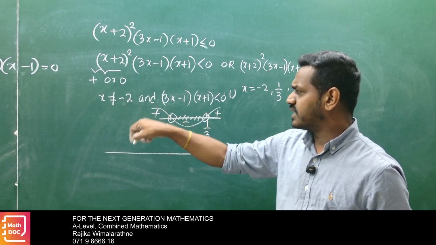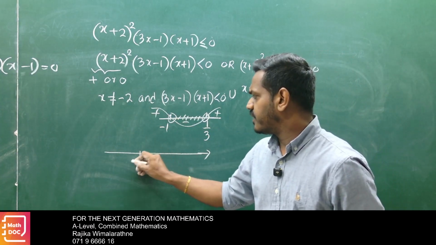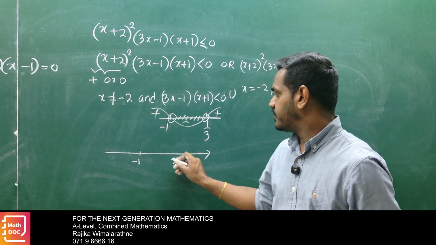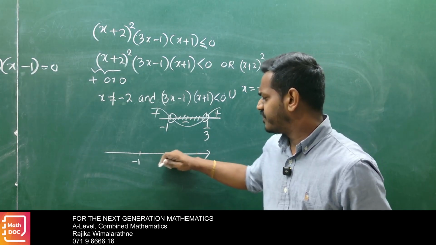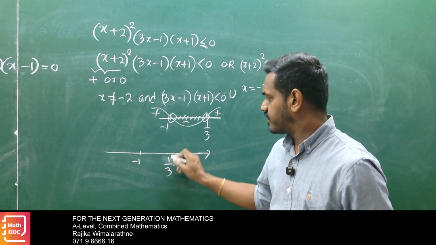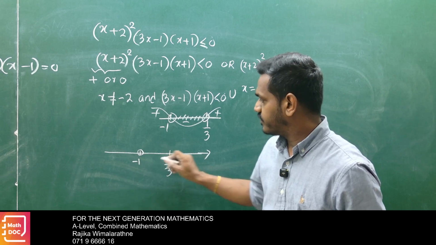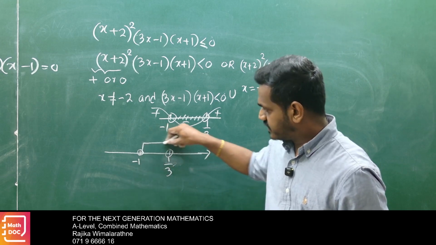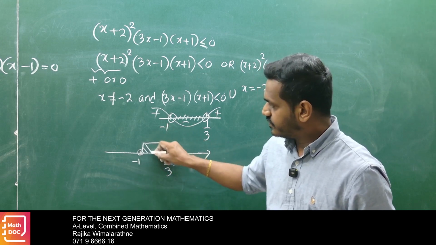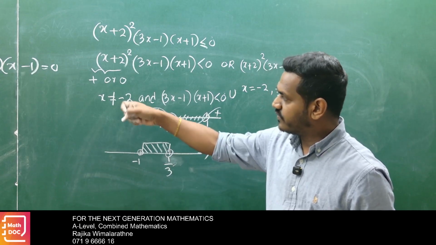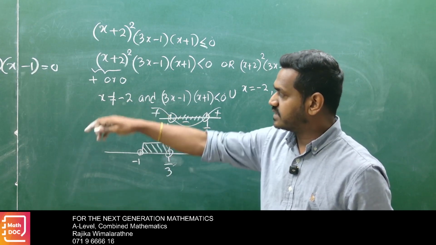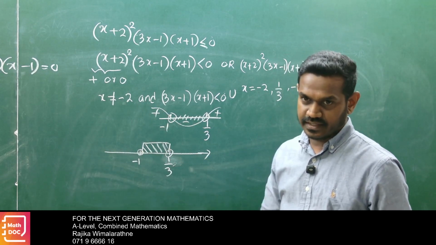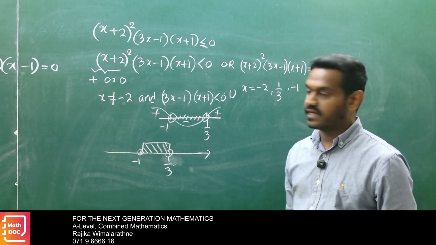Then minus 2 is not included here. Then minus 1, 1/3. Then we need the inner region. Then no worries about this. That is minus 2 outside this shaded region. Then no worries about that.